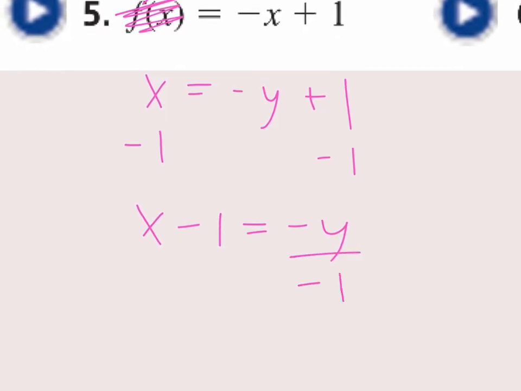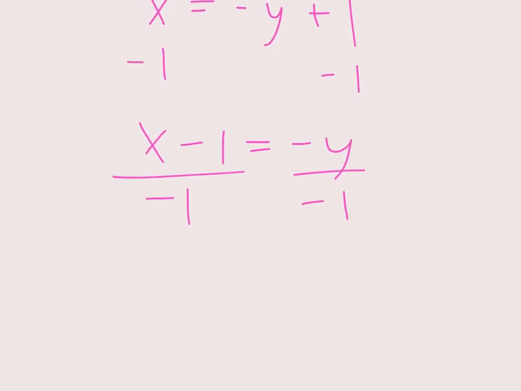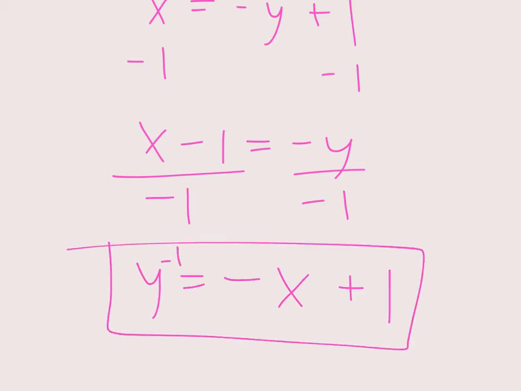Divide by negative 1. So we're dividing everything by negative 1. That gives us y is equal to what? How do we simplify that? X minus 1 divided by negative 1. Awesome. We just flipped the sign, so it's negative x plus 1.